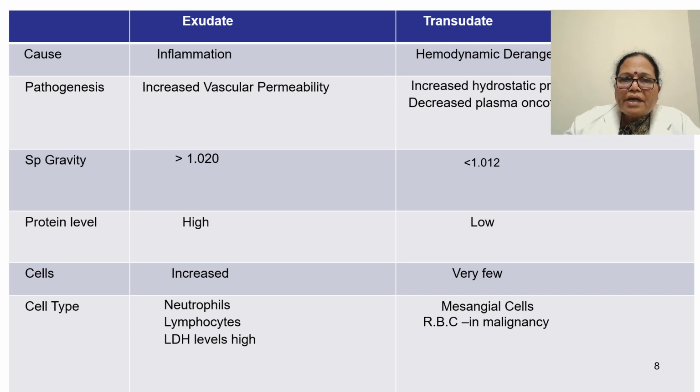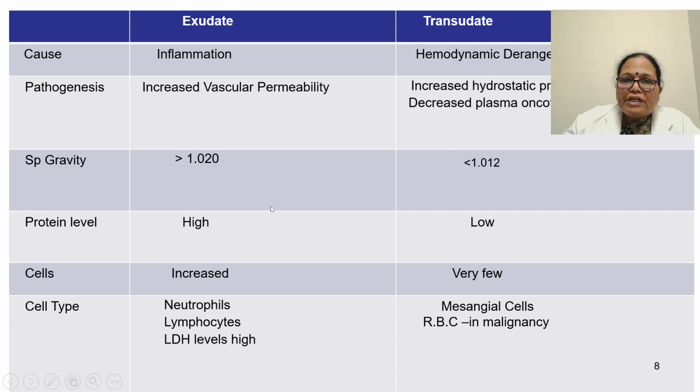Exudate, always remember, is because of inflammation, and transudate is because of hemodynamic derangement. The pathogenesis of exudate is increased vascular permeability, and for transudate it is increased hydrostatic pressure or decreased plasma oncotic pressure. Specific gravity, remember, is more in exudate because there is inflammation, more than 1.020. In transudate, it is less than 1.012.